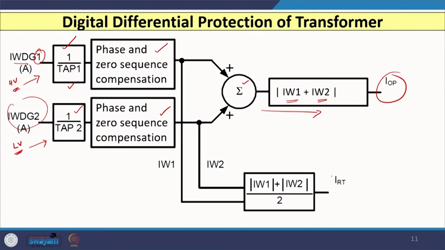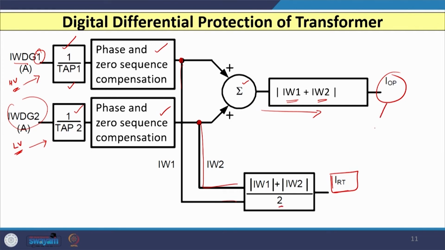Same way, if I want to obtain the restraining current, that is IRT, you can obtain it because you can see I have considered the same two signals here, and we are going to do simply the scalar addition with a specific compensation factor k. Here I have considered k as 0.5. So, you will finally have the restraining current IRT.